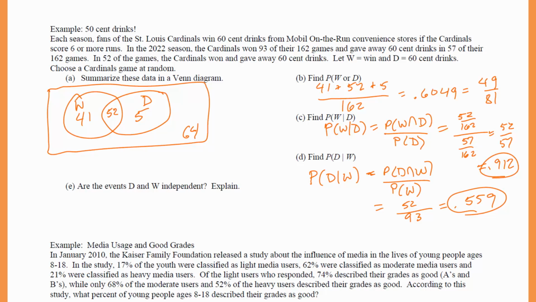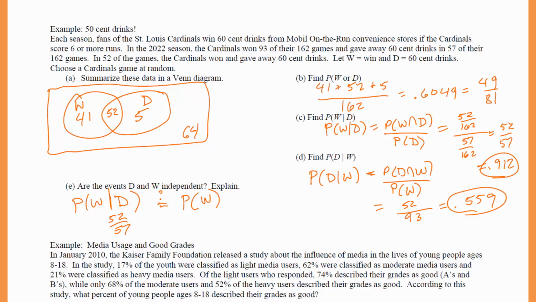So if we just take the first one, the probability of W given D, what do we want to compare it to? We want to compare it to the probability without the condition, so just the probability of W. We want to see if those are equal. So the probability of W given D was 52 out of 57, or 0.912, 91.2%. Is that the same as the probability of W?